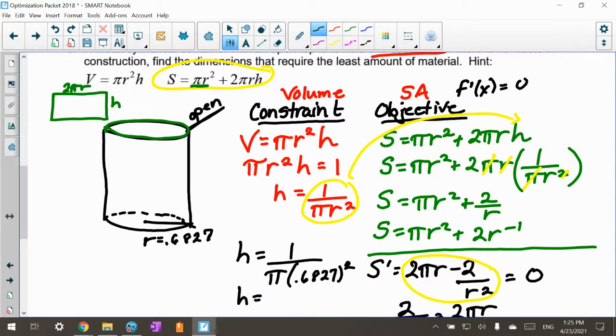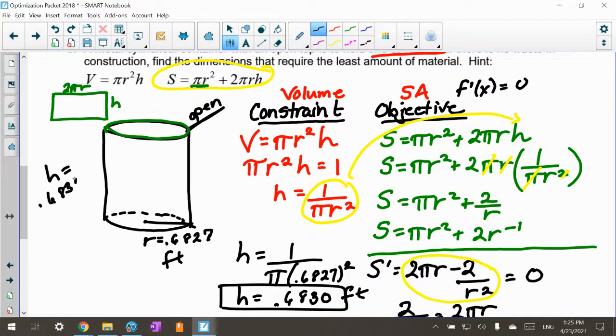When you do that, the height comes out to be 0.6830 feet. I forgot to label it. Not pretty, but we can convert that to inches if we had to, but they just asked for the dimensions, and that's how you would do that one.